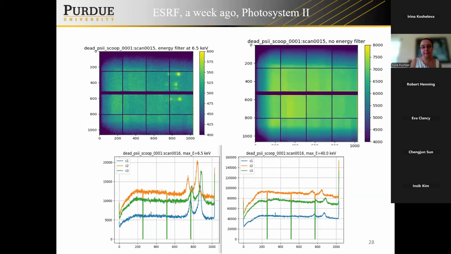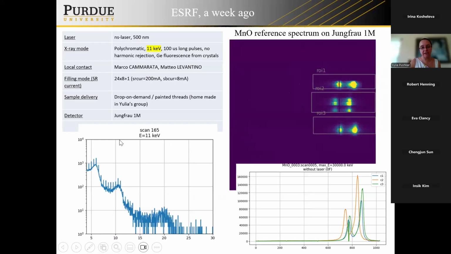For the concentrated sample. Now we go into PS2. If we had no energy sorting, then based on those plots, you can put energy cutoffs. So you say, I don't look at the photons if they are more than 6.5 keV, so I reject all the scattering which is not manganese fluorescence.